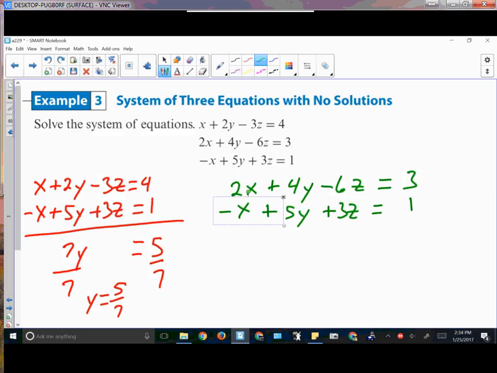So if I go through and do this one, I've got to get a common term, one of these to wipe out. So I'm going to take this one here and multiply it through by a 2. Would that be okay? Would that work? Yes, no, maybe so. Possibly.